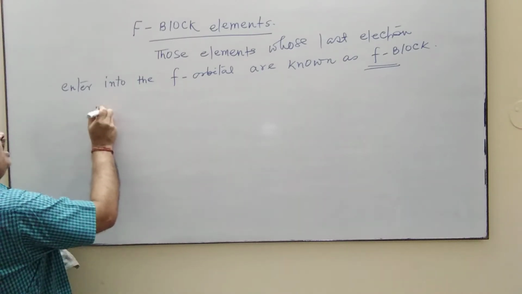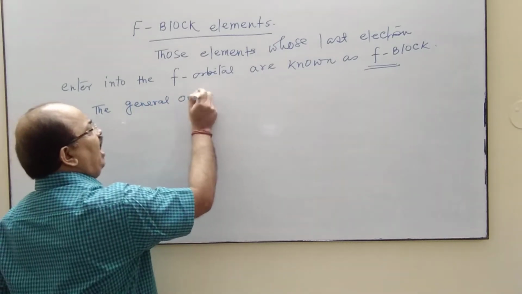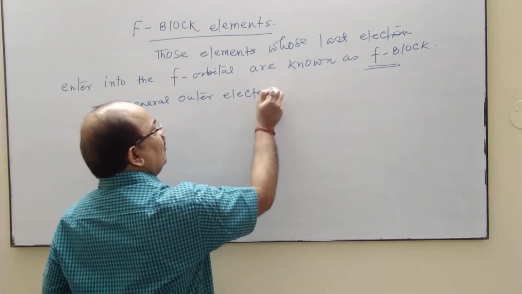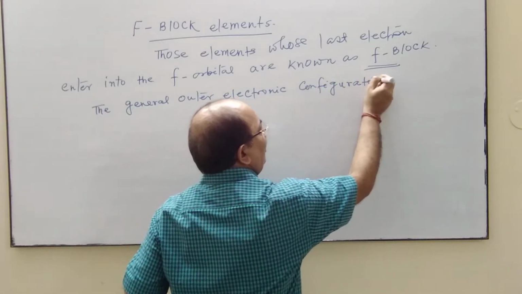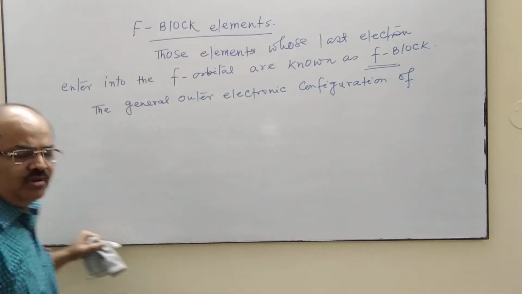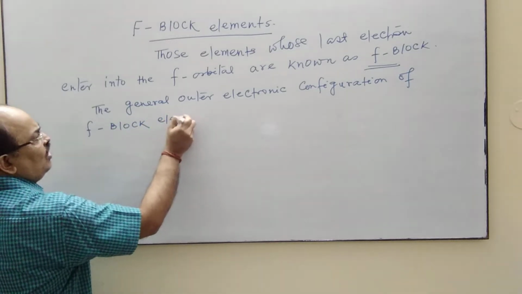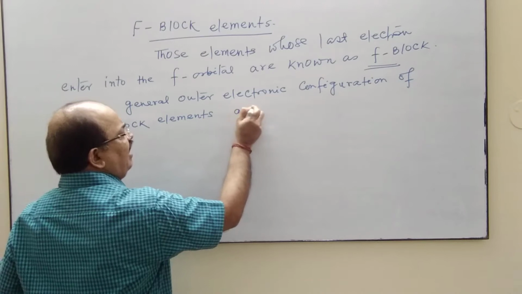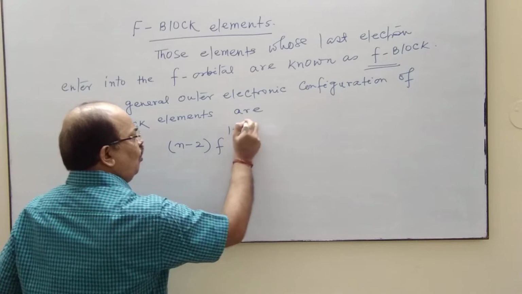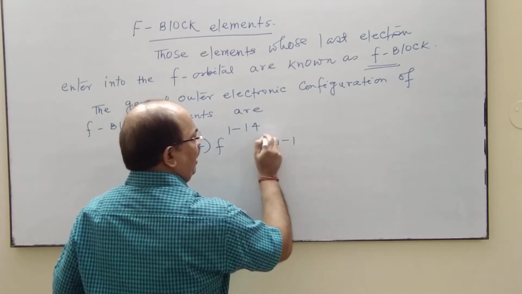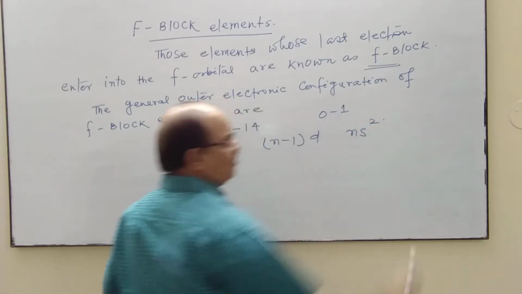The general outer electronic configuration of f block elements is (n-2)f1 to 14, (n-1)d0 to 1, ns2.